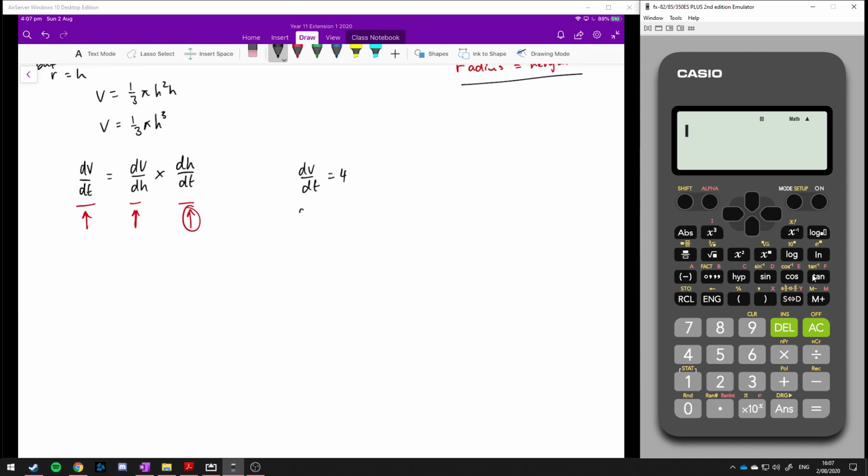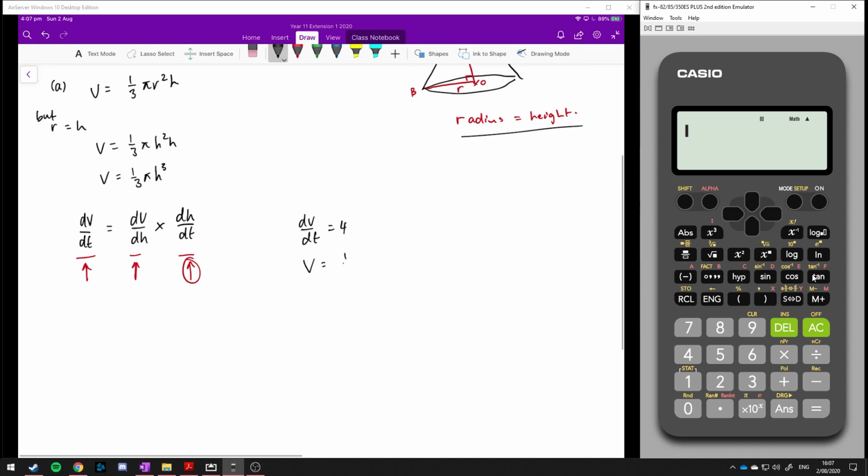And we know what dV/dh is because we know that V is equal to 1/3 pi h cubed, so that means dV/dh, differentiating V with respect to h, is equal to 3 times 1/3 pi h squared, or pi h squared. Okay, so let's substitute these values in. So dV/dt is equal to 4, and that's equal to pi h squared dh/dt.